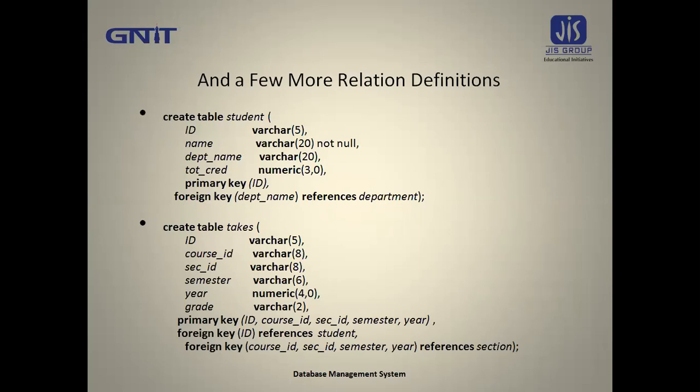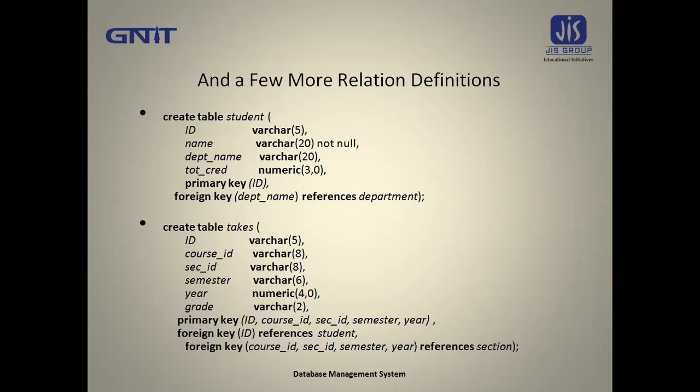For some other relations also: create table student. Here we write ID varchar(5), name varchar(20) not null. This is an example of another integrity constraint. You are telling that name can never be null.